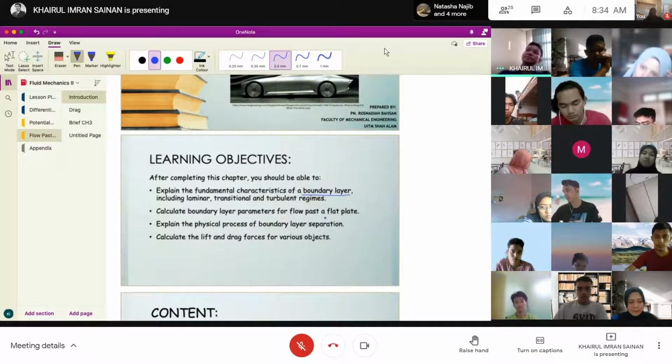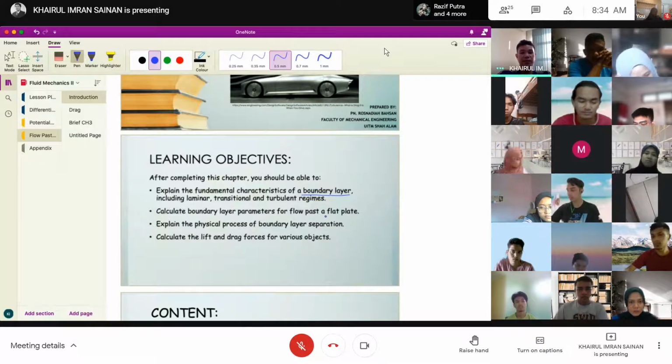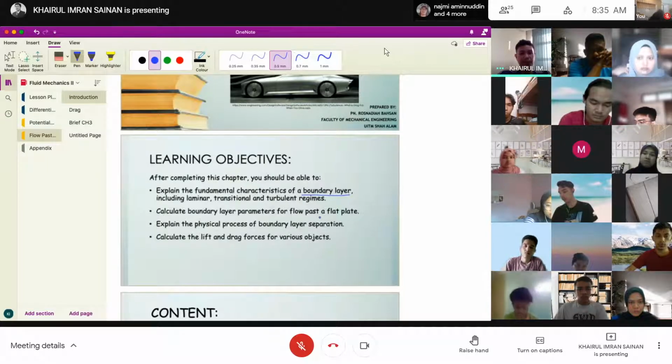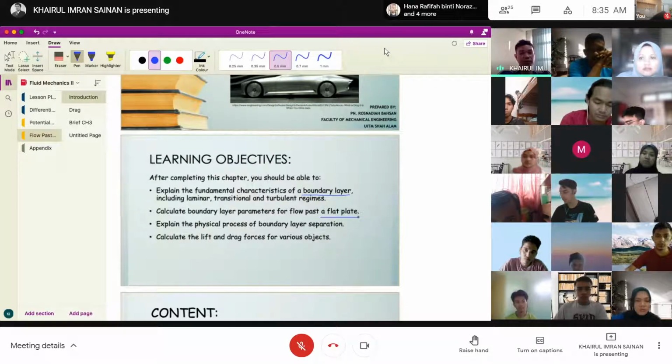So our sample of study, since I already explained, 100% of friction drag can be achieved by a flat plate. So that's why our sample of study is always a flat plate.